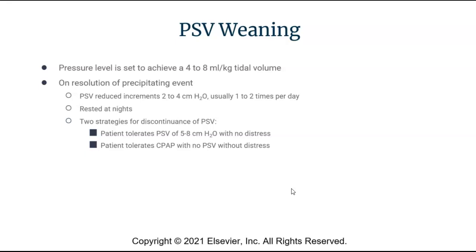You're usually using pressure support to achieve tidal volumes of 4 to 8 milliliters per kilogram. Again, I like to start high with my pressure support and gradually reduce it to that low value, whatever my protocol says. And that low level, that 5 of pressure support, is usually there just to compensate for work of breathing on the ET tube. Again, we're looking to rest our patients at night.